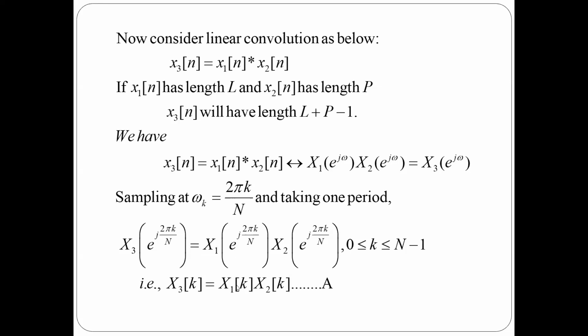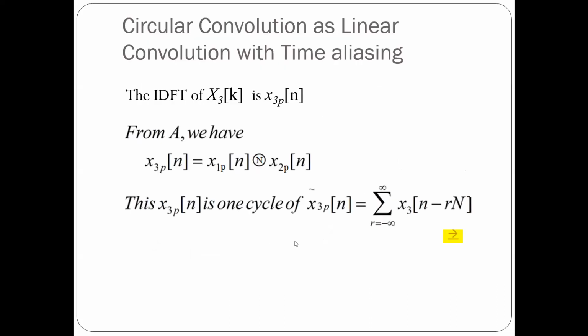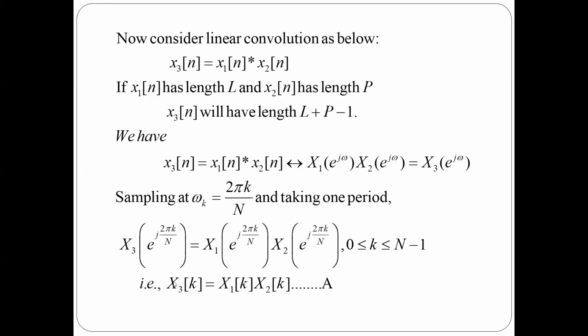So x3 of k you can write as x1 of k into x2 of k. Now, as before, let us call one period of x3 of k as x3p of n.